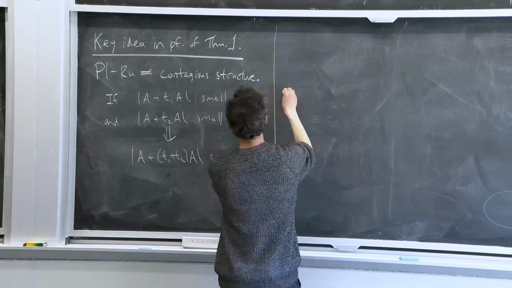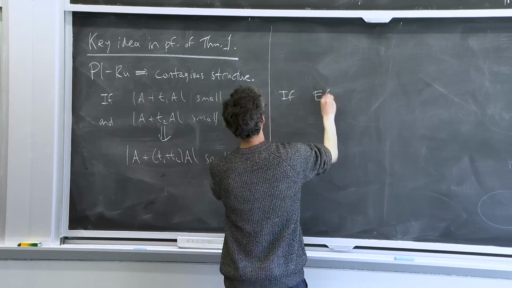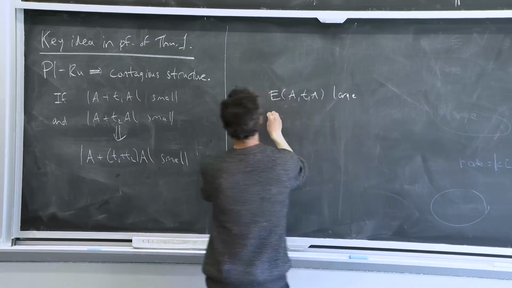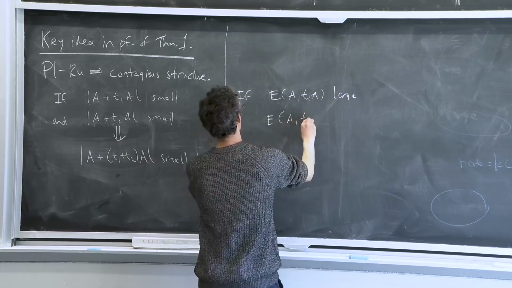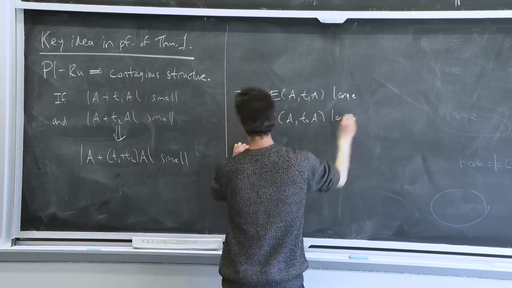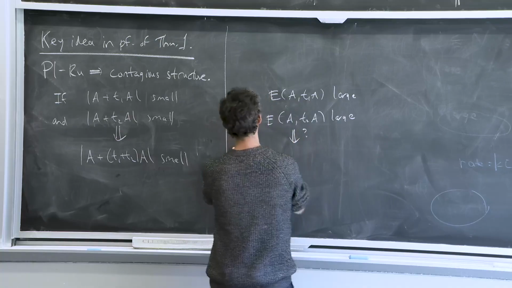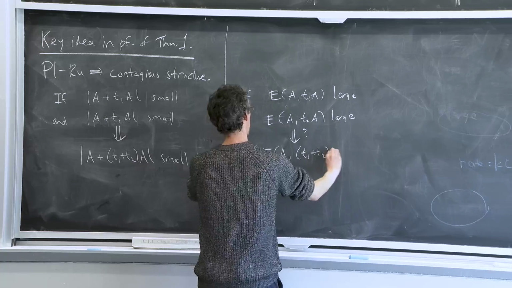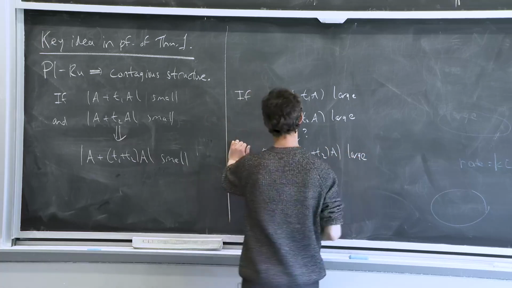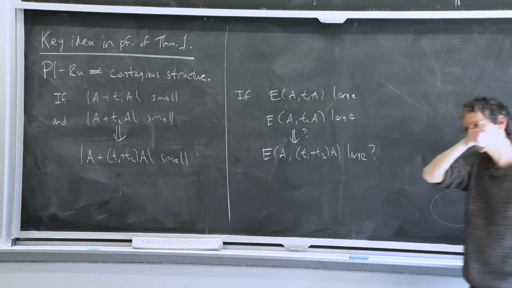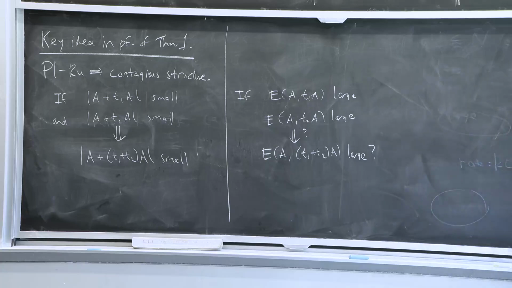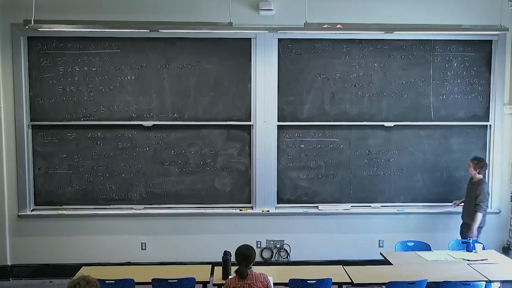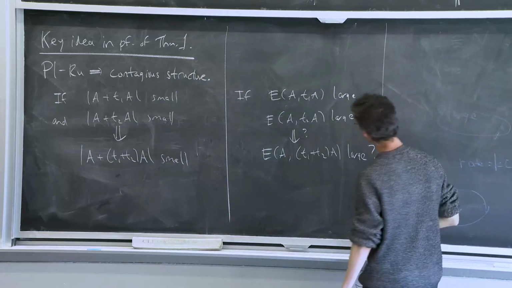The analogous question would be, if the energy between A and t1A is large, and the energy between A and t2A is large, then does that imply that the energy between A and t1 plus t2A is large? OK. The answer is no.